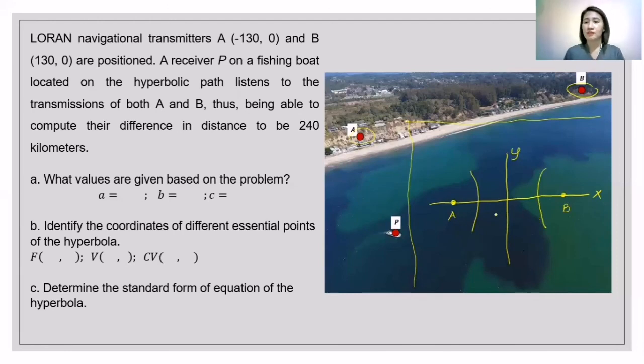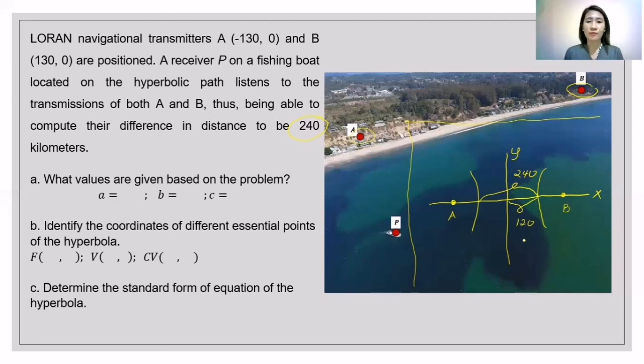And one of these branches is where the location of P, or of the fishing boat, is. So from the given problem, it says that the distance of these two transmissions creating the hyperbolic path is 240. The whole distance is 240. So if the whole distance is 240, then we can say that the distance from the center to one of the branches is 120.